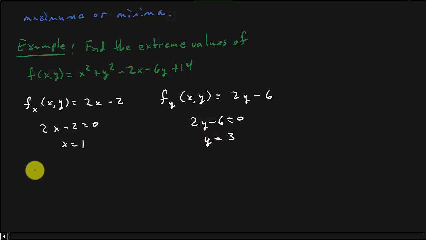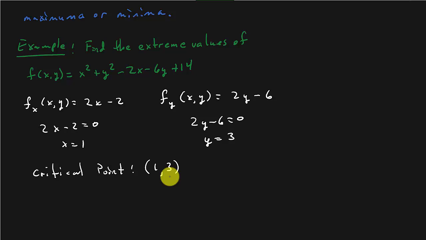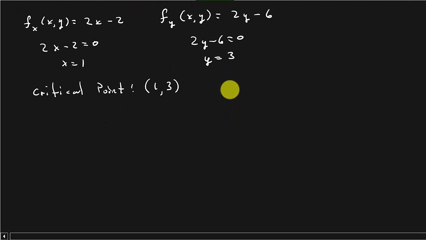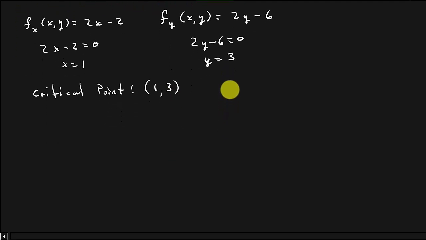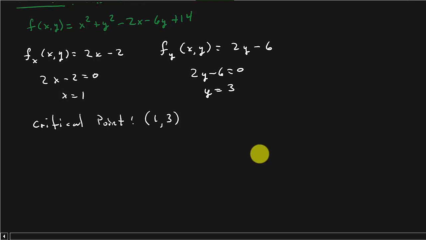So I have a critical point at (1, 3). Now, is this a maximum or minimum value? A local max or local min? Can we tell? Well, let's look and see what we have here.